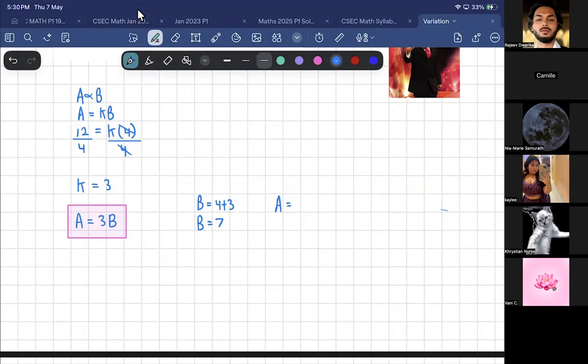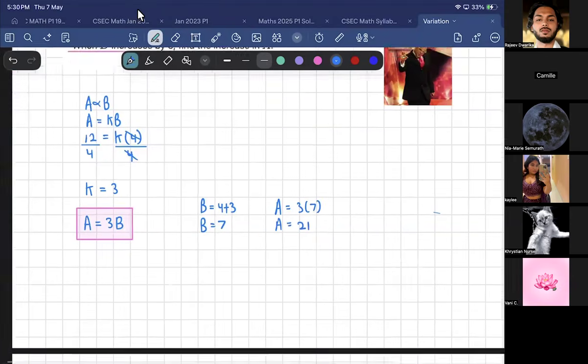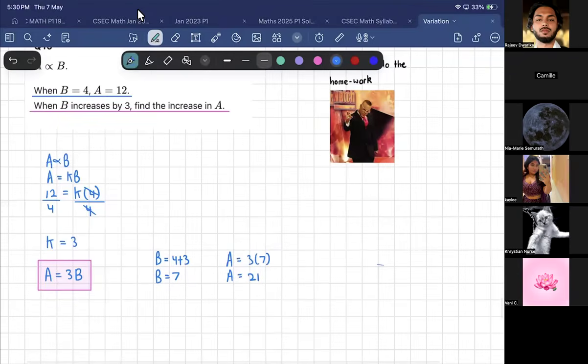Good. So if B is 7, how am I going to find A? 3 times 7. Yes, because A is just 3 times B, and in this instance B is now 7. So 3 times 7 is what? 21.